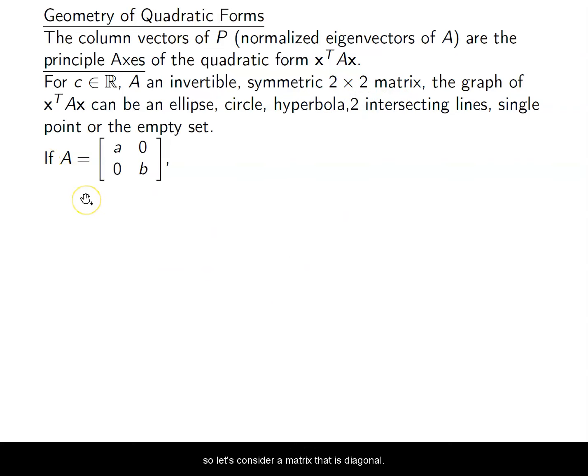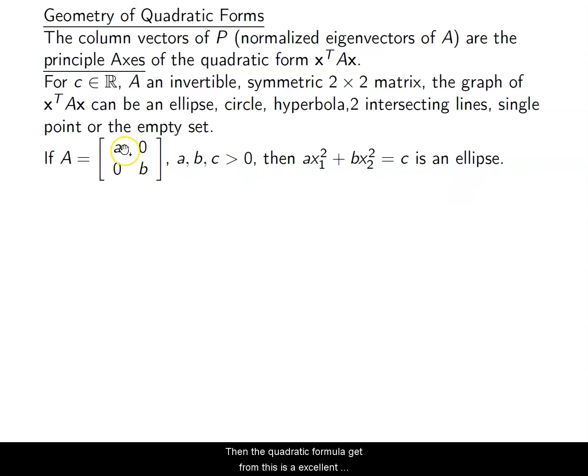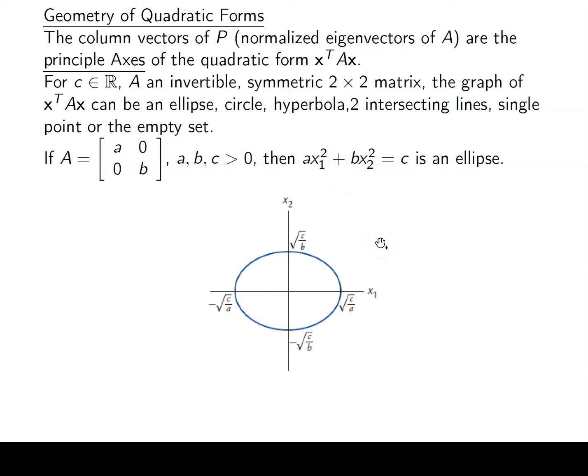So let's consider a matrix A that is diagonal. If A, B, and C are all positive, then the quadratic form we get from this is A x1 squared plus B x2 squared equals C. This is going to be an ellipse if we have an addition in the middle and everything is positive, and our ellipse can be graphed easily in this form.